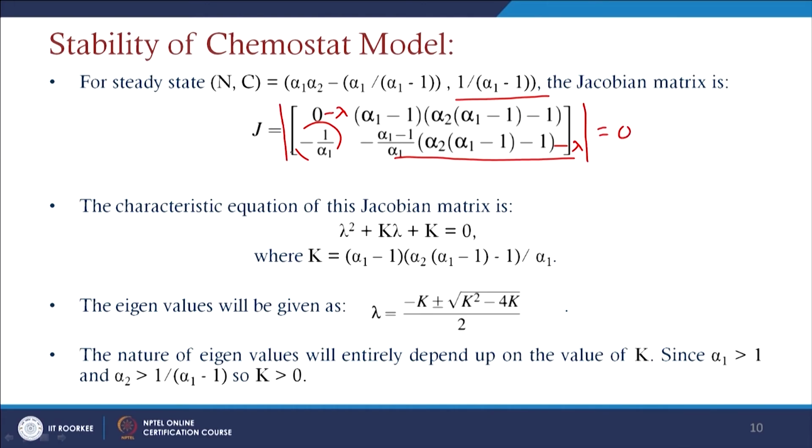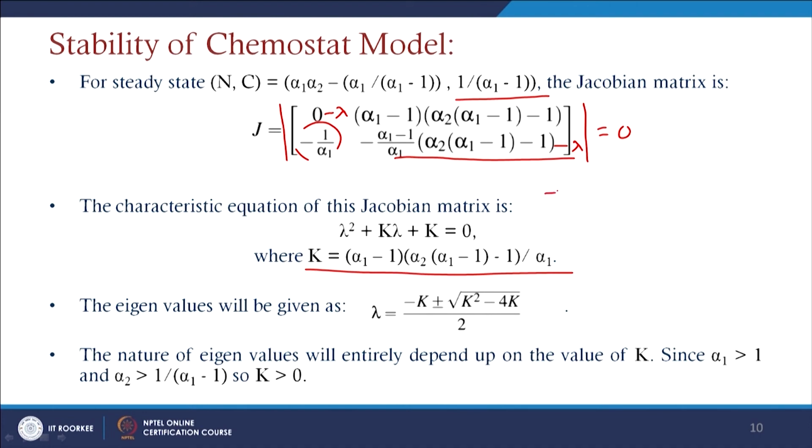And if you take this determinant equal to 0, then the reduced form can be written as lambda square plus k lambda plus k equals 0, where k is the factor represented as alpha 1 minus 1 into alpha 2 into alpha 1 minus 1 by alpha 1 here. This is just a simple multiplication you have to do.